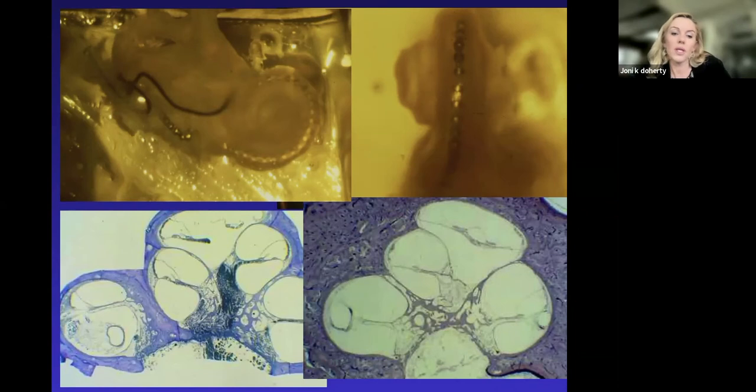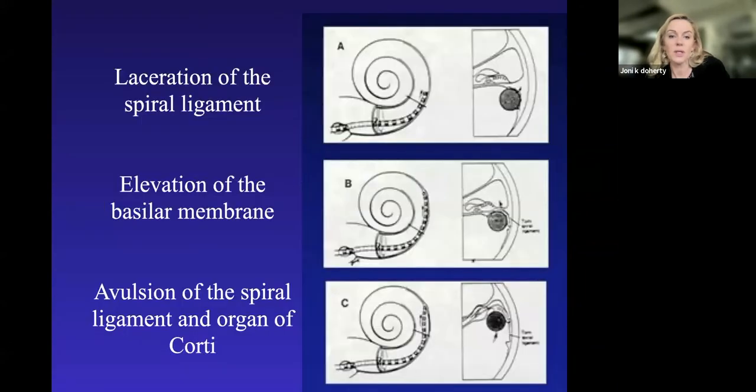So we learn from observing the path of the electrode array. On the lower left, there's the circular path through the scala tympani and some fibrosis around it. And on the lower right, this electrode happened to go right through the lateral wall, the spiral ligament. These are the changes after implanting an electrode that we've been particularly interested in.